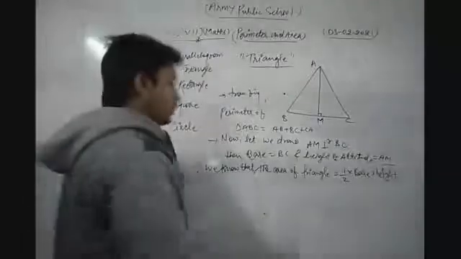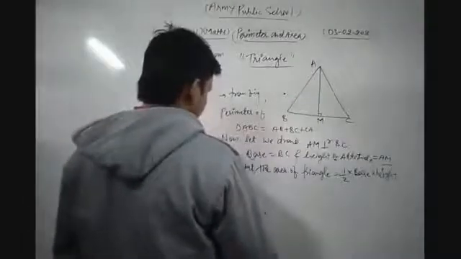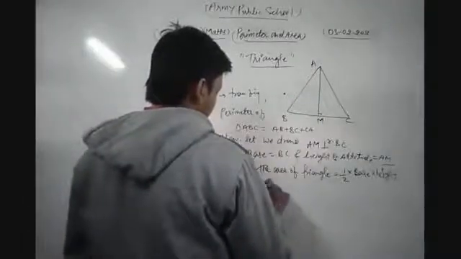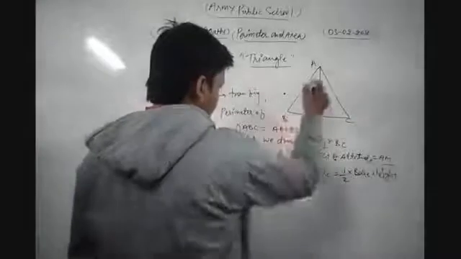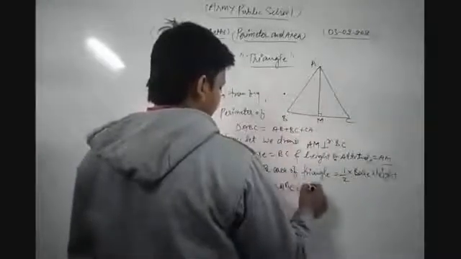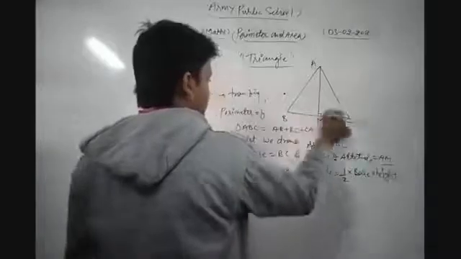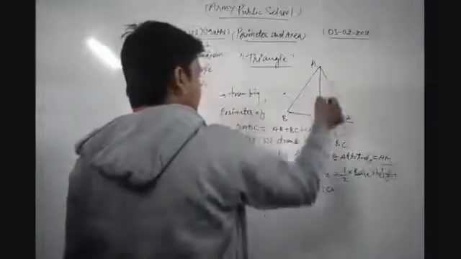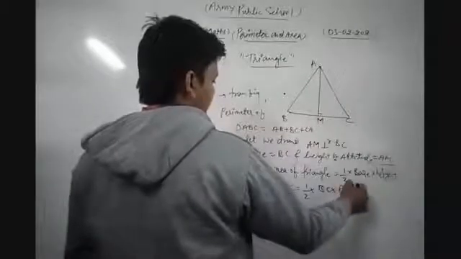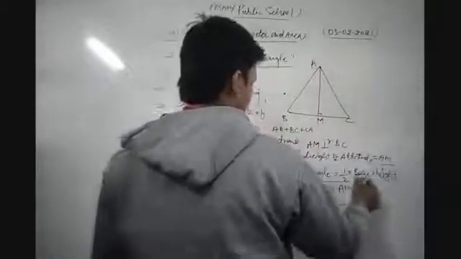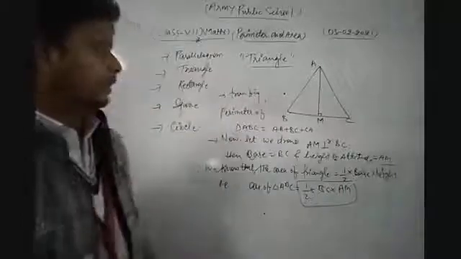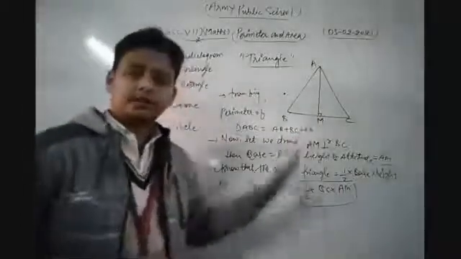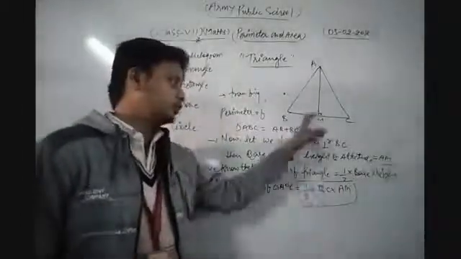Now, for that triangle ABC, the area of triangle ABC is 1/2, and if we take BC as a base, then we take its corresponding altitude or height as AM. So this is the formula for that figure. For that type of triangle you apply the formula 1/2 base into height.